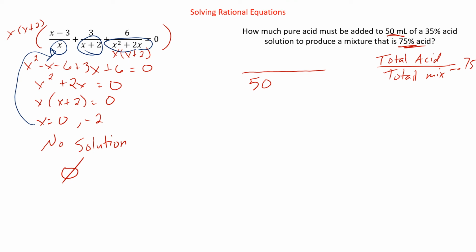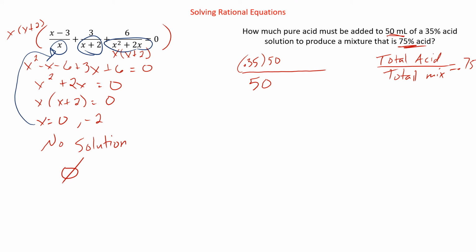It's 35% acid. So how much acid is that in 50 milliliters? Well, that's going to be 0.35 times 50. That's how much acid is in that 50 milliliters.